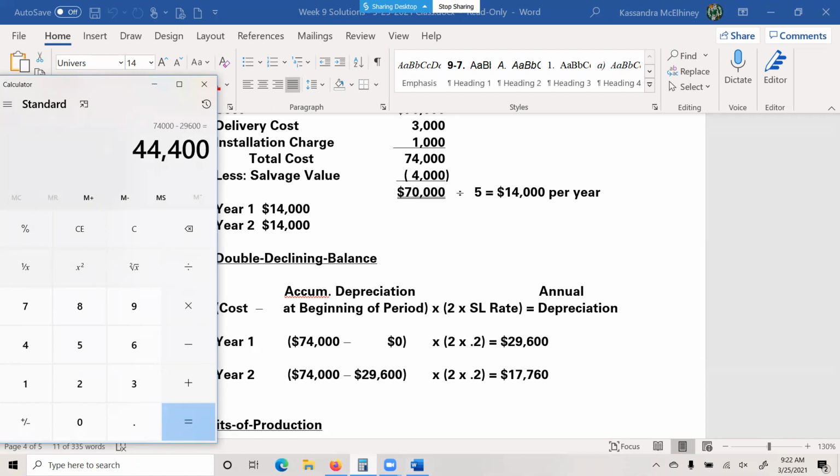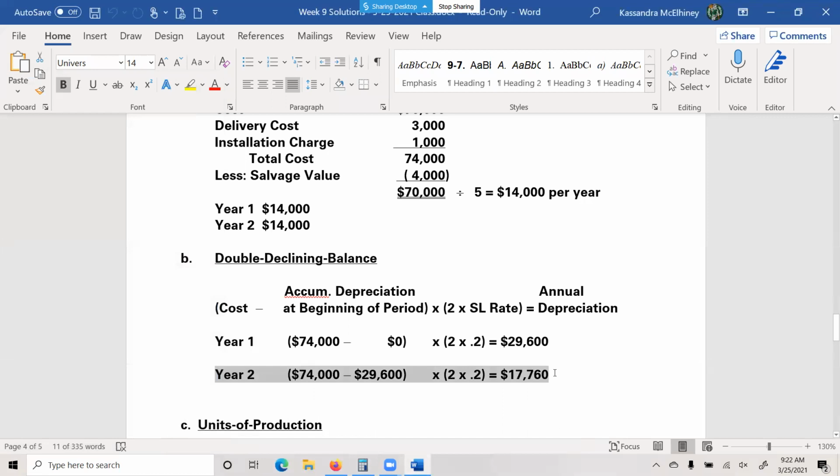So that result is $44,400 times 2/5, which is 40%, which gives us double declining balance depreciation for year two of $17,760. In both cases, more than our straight line, but we would hit a point in double declining balance where our depreciation would be below the straight line rate. So it does happen. It has to.